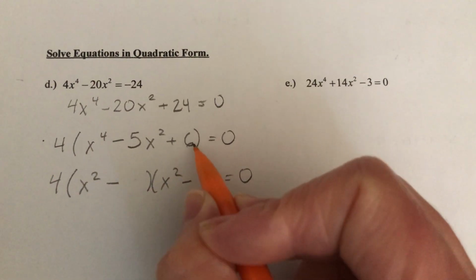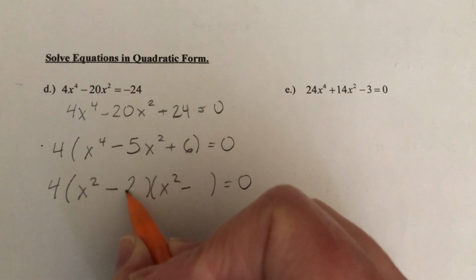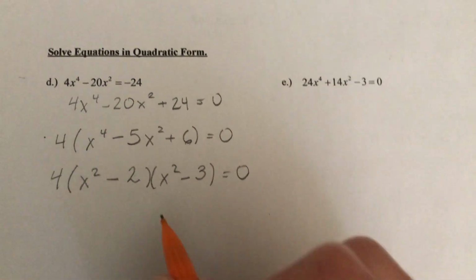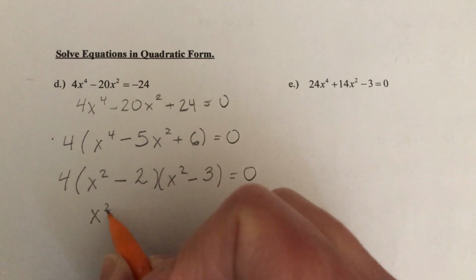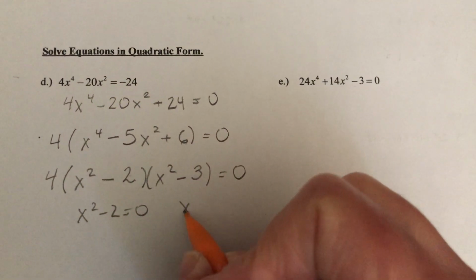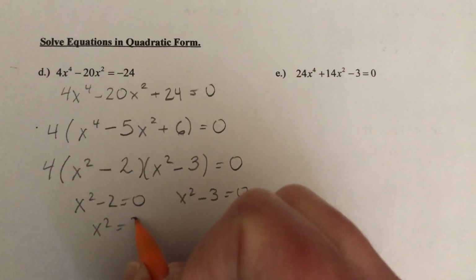You need to be careful when you have a 6 for your C term. We want to add 2 numbers to get that -5, so we have a 2 and a 3. So now I have my x squared minus 2 equals 0, and then x squared minus 3 equals 0. So I'm going to solve those.